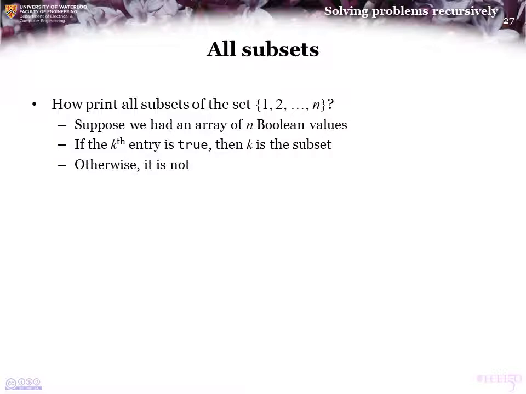Otherwise, k is not in the subset. Consequently, every single different array with different entries of true and false represents a different subset. If all of the entries of the array are false, it represents the set containing no entries, whereas if all of the entries of the array are true, then it represents the set containing all n entries.